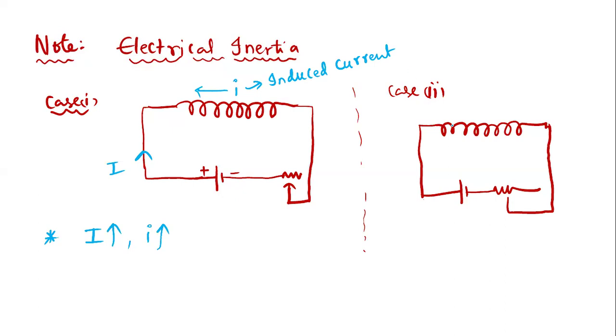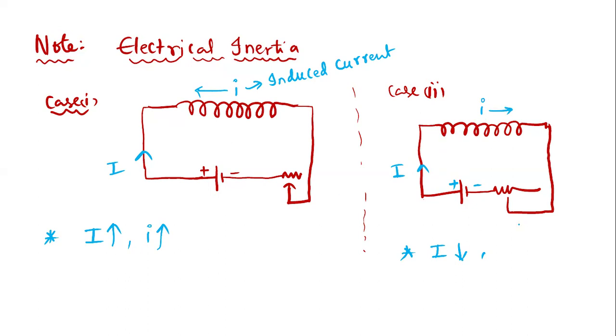Now the same situation I am creating here also, with positive and negative terminals. The total current here is I. Now I am trying to reduce the current with the help of a rheostat in the circuit. If you reduce it, what is the current inside this one? Induced current. That is also not possible for us. It will oppose that also.